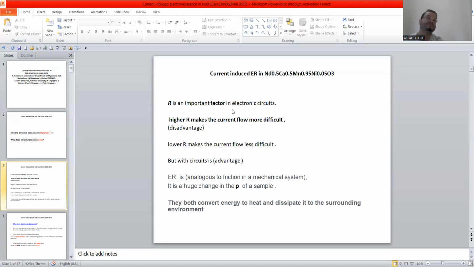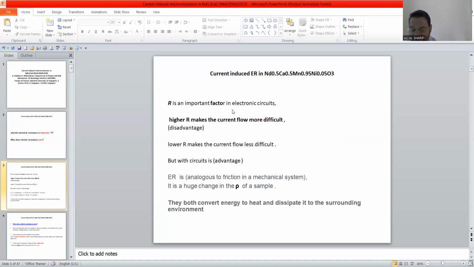At first, let's talk about the disadvantage to any resistor, like we know, when you use copper wires, this phenomenon will use some amount of current by heating the surrounding place, the environment.